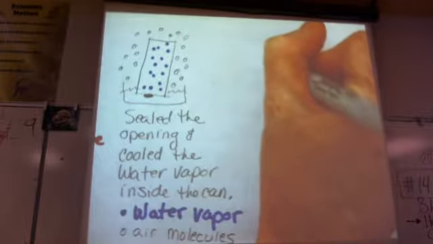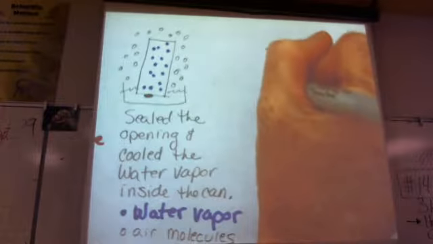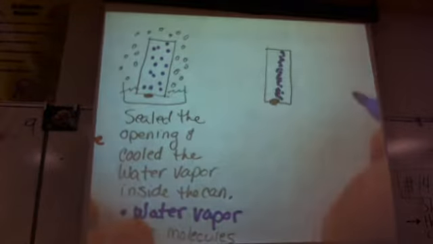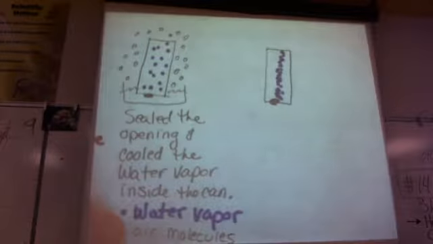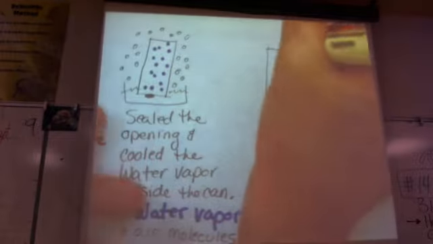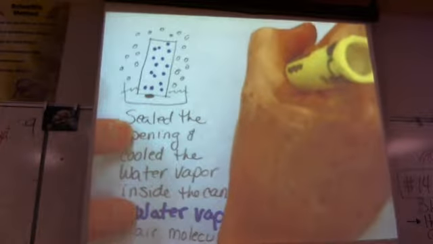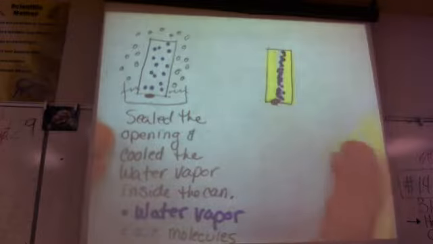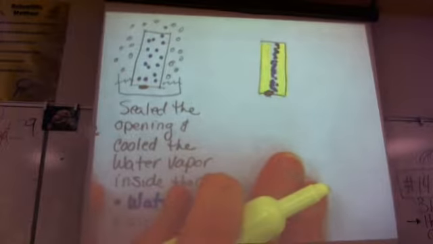And it didn't necessarily make a column, but I'm going to just draw those. Water vapors coming in closer together. So you have the same amount of water vapor. It's just now dense. It's condensed into a smaller area. So now what's happened is we have this area here. If only inside the can was a teeny bit of water and water vapor, and all the water vapor moved to the inside of the can, what is that yellow area?